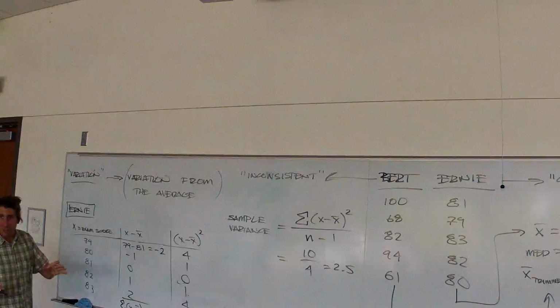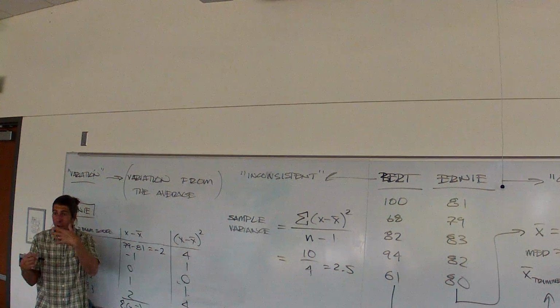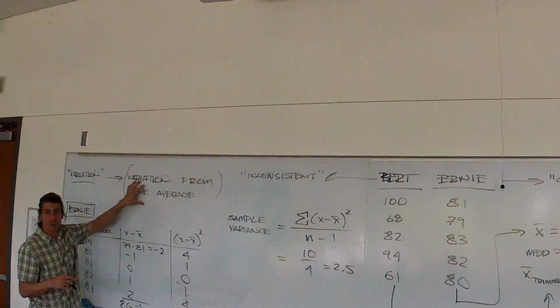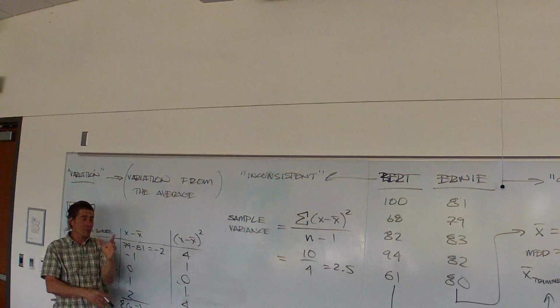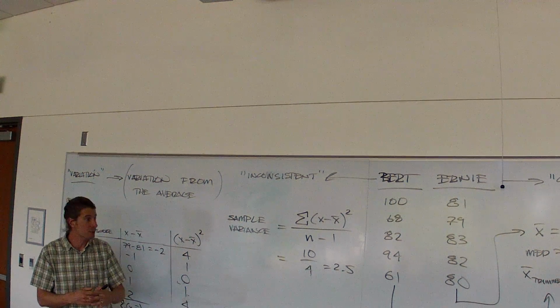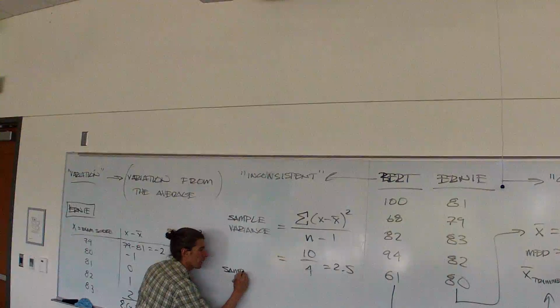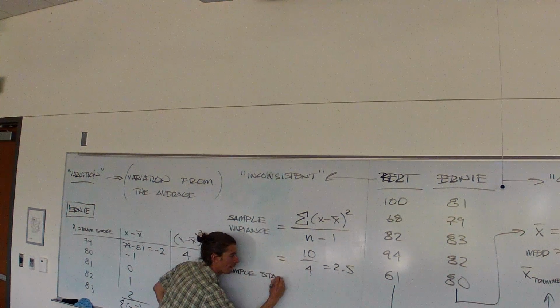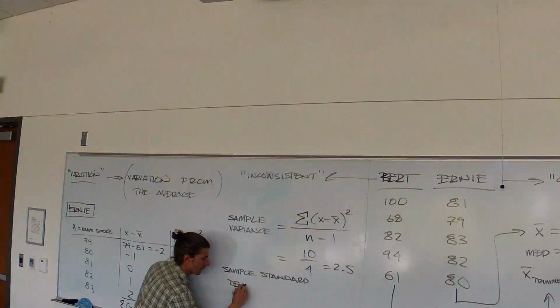So this all goes back to Tabitha, what you were talking about before. It all goes back to don't frown. It's a good thing. When you mention variation from the average, there's one measure that is the predominantly most popular, most often used measure of variation, and it's called the sample standard deviation. This is the big guy.